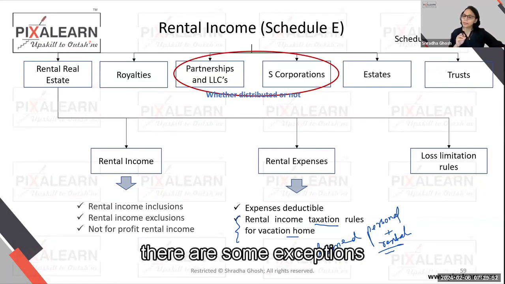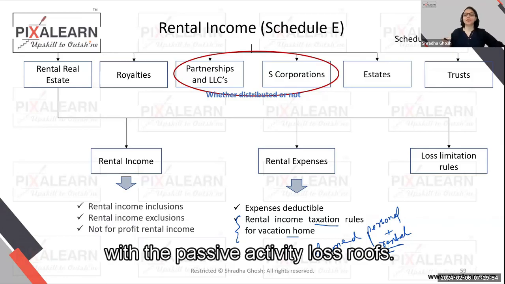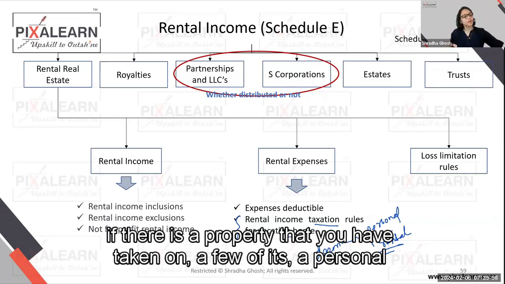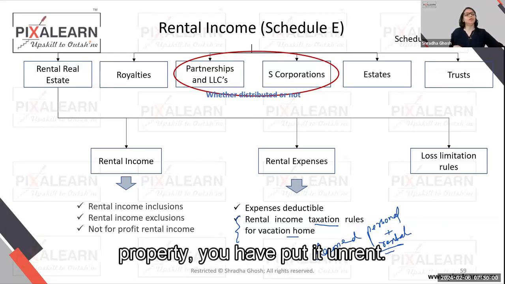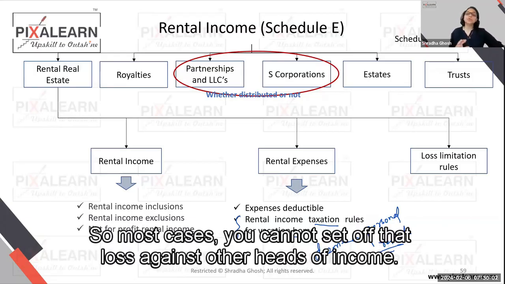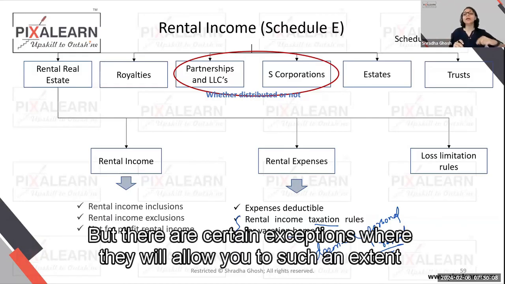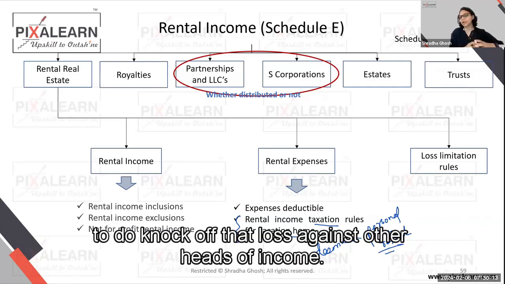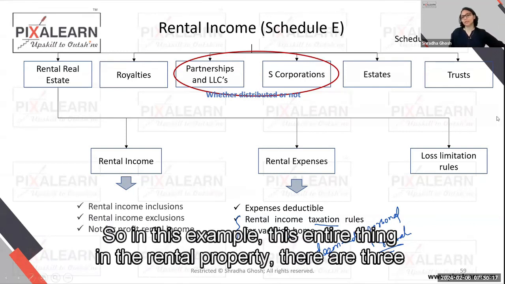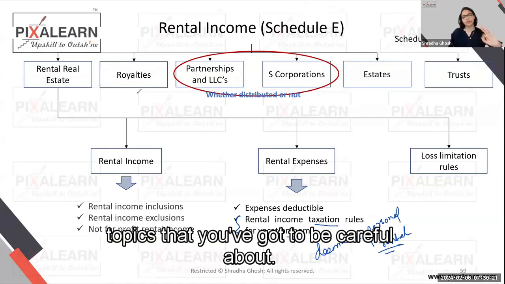There are some exceptions to the passive activity loss rules. That means if you have taken a personal property and put it on rent, in most cases you cannot set off that loss against other heads of income. But there are certain exceptions where they will allow you to a certain extent to knock off that loss against other heads of income. So in the rental property topic, there are three things that you've got to be careful about.